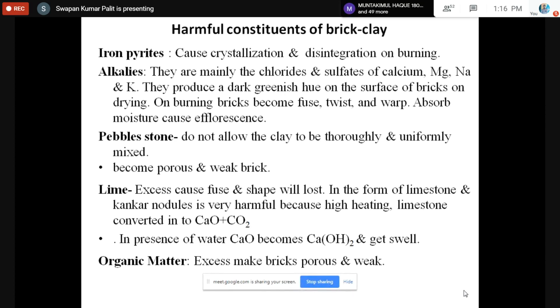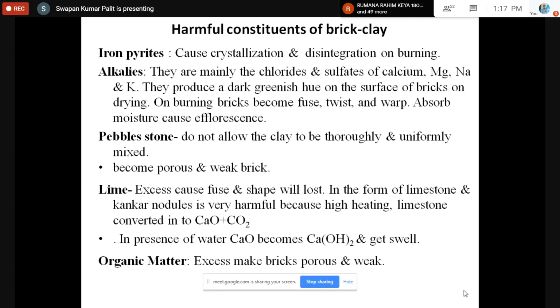Lime should be 1% in brick clay. Excess lime will cause fusing, and the shape will be lost. So organic matter also should be 1%. It should not be more. If it is more, then bricks become porous and weak.